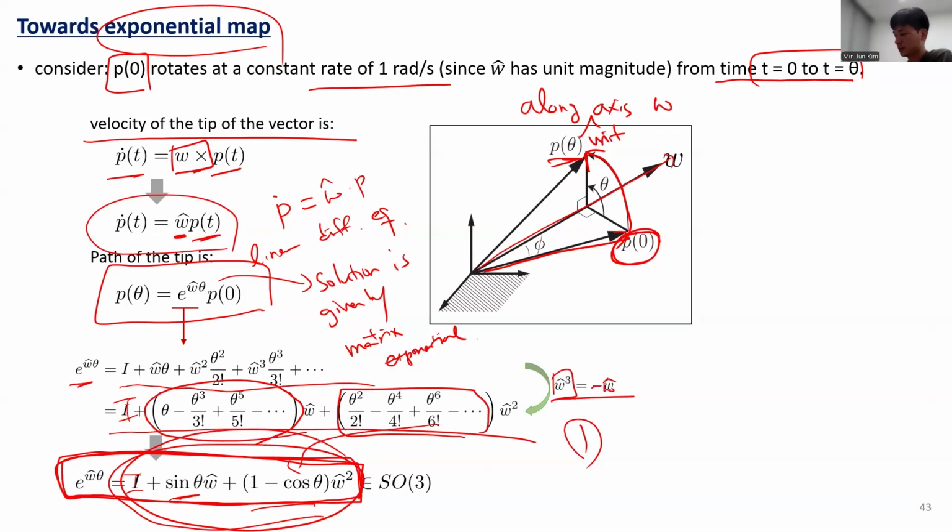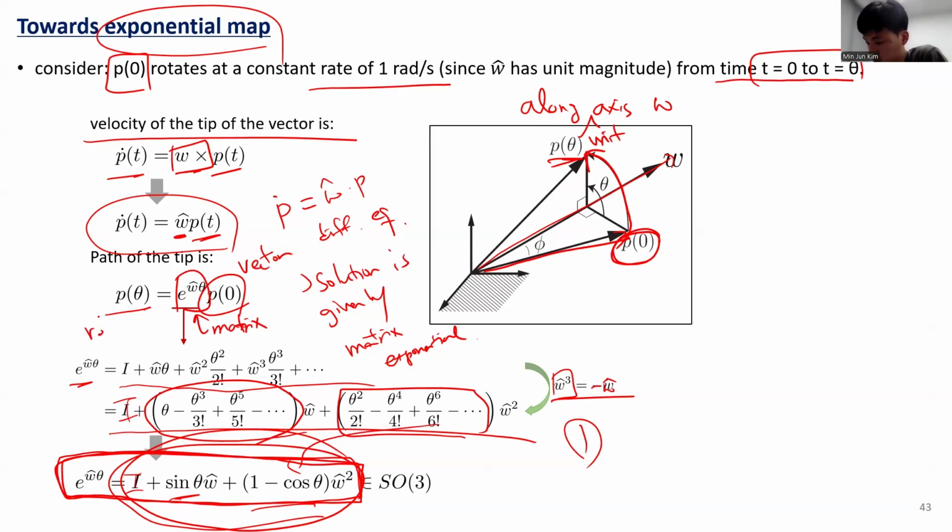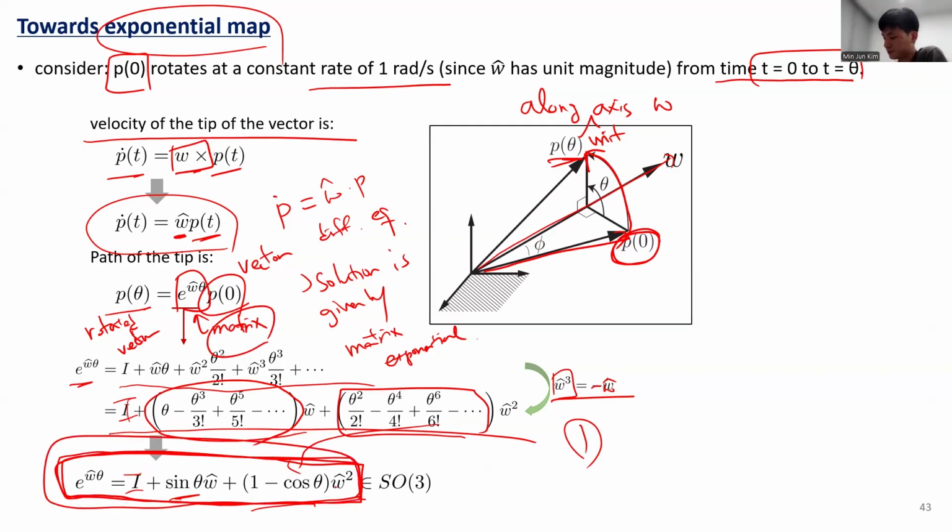And the second reason is that this matrix is multiplied to a vector, and then we get another rotated vector. This is a rotated vector. So this matrix is actually rotating a vector in space. So this matrix has to be a rotation matrix, right? So this expression represents a rotation matrix.